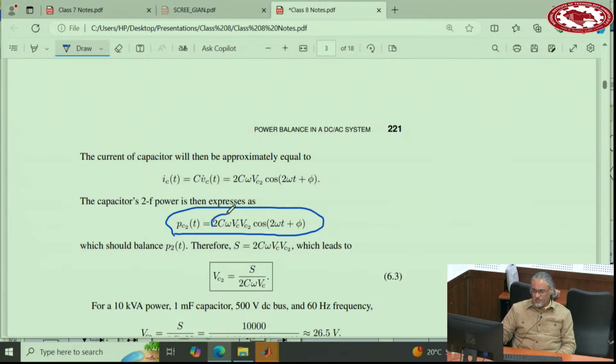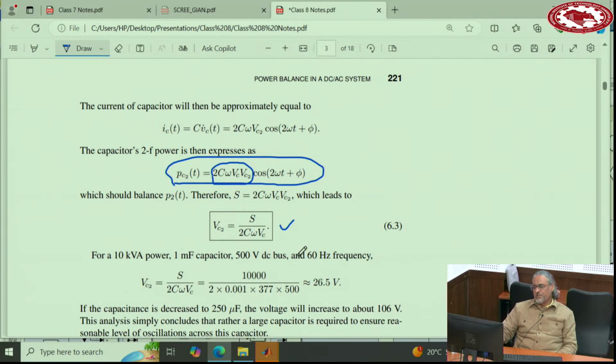And you look at this, this is the peak of that. This must be equal to the apparent power, or S. And then from here, you can find a relationship between the double frequency component of the capacitor voltage, apparent power, frequency, capacitance, everything. And this is a very important equation.